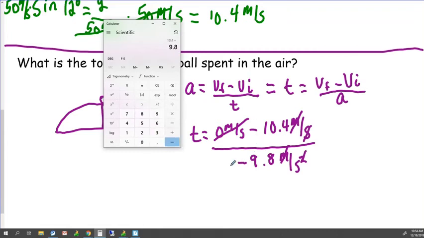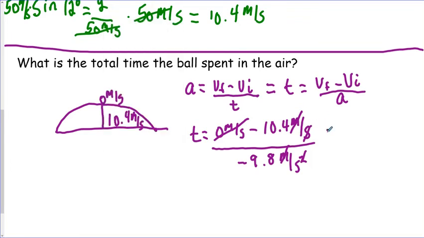Because they're both negatives, the negatives cancel. And I end up with 1.06 seconds. Well, that is the time for it to just go up.